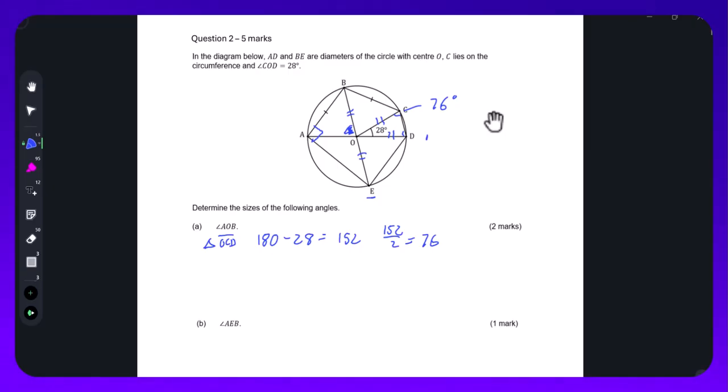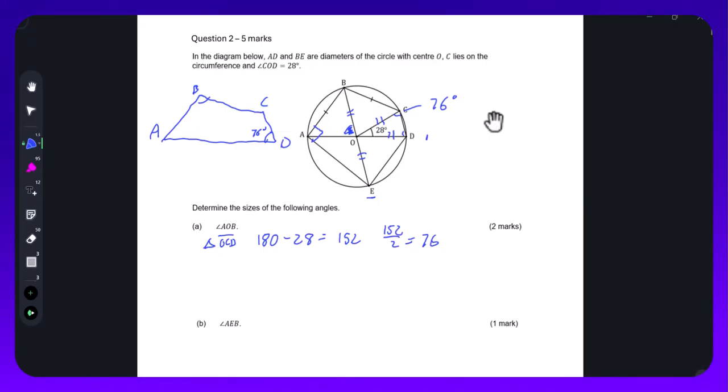If I now get the shape ABCD as a cyclic quadrilateral, so it would look like this. So that's A, B, C, D, something like this. That's a cyclic quadrilateral. And because I've got my angle D there being 76, that means that the opposite angle up here must add up to 180.